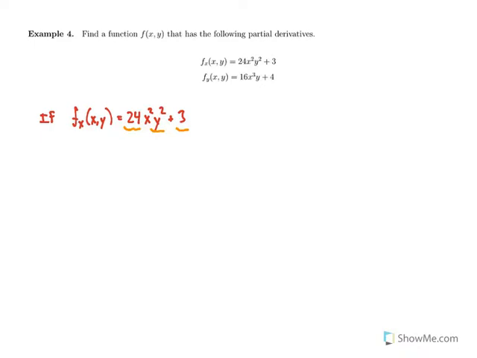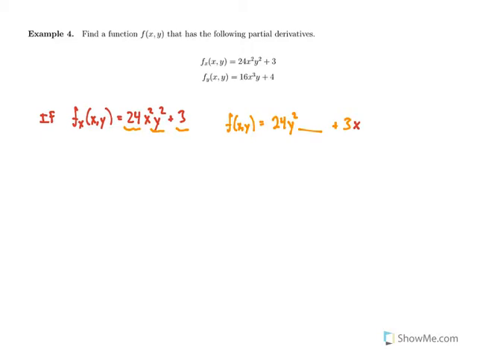We take the antiderivative of our function. We have f of xy is going to be something with 24y squared and something with a 3. And note that this something with a 3 has to be just x, as taking the derivative with respect to x will give us 3. That means we have a 3x left over.